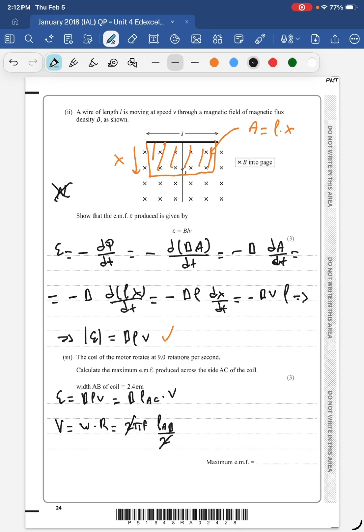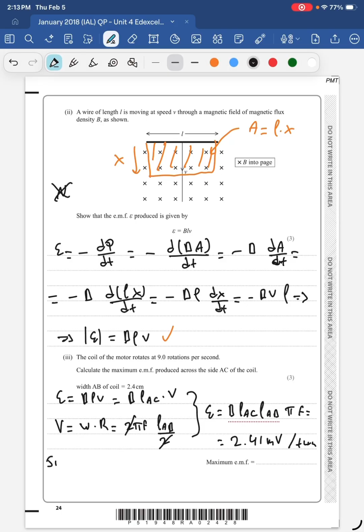So these two cancel. So E is B times LAC times LAB times pi times F. And if we plug in the numbers, we find 2.41 millivolts per turn.